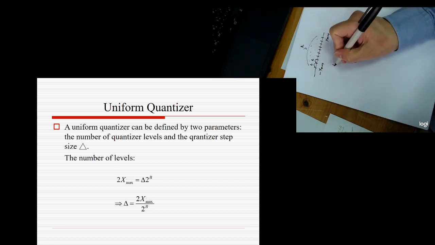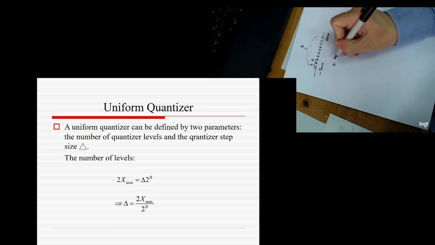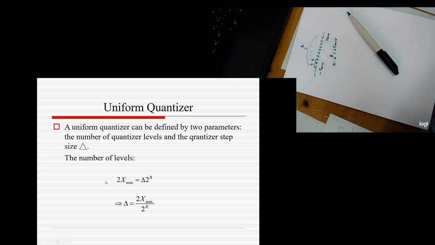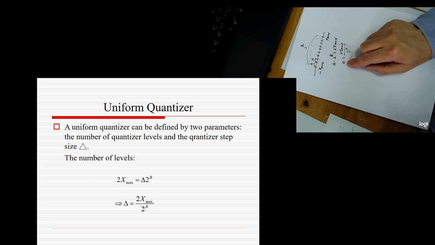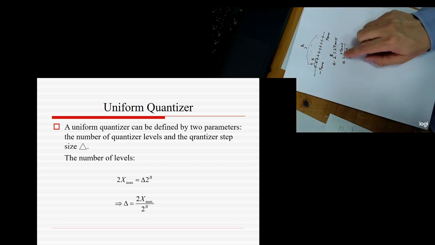The quantization step size multiplied by the number of quantization levels equals your dynamic range, so you can get the equation here: delta equals 2 x maxima divided by 2 to the power b. So your uniform step size equals your input data dynamic range divided by 2 to the power of your encoding bits.